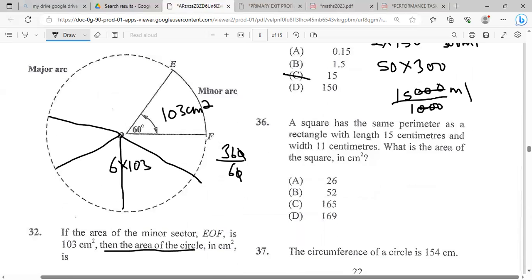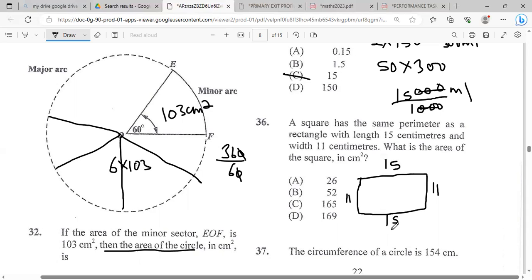All right, on to our next question. A square has the same perimeter as a rectangle with length 15 centimeters and width 11 centimeters. What is the area of this square? First of all, we have enough information about the rectangle to find the perimeter, because the perimeter is the total distance around an enclosed shape.